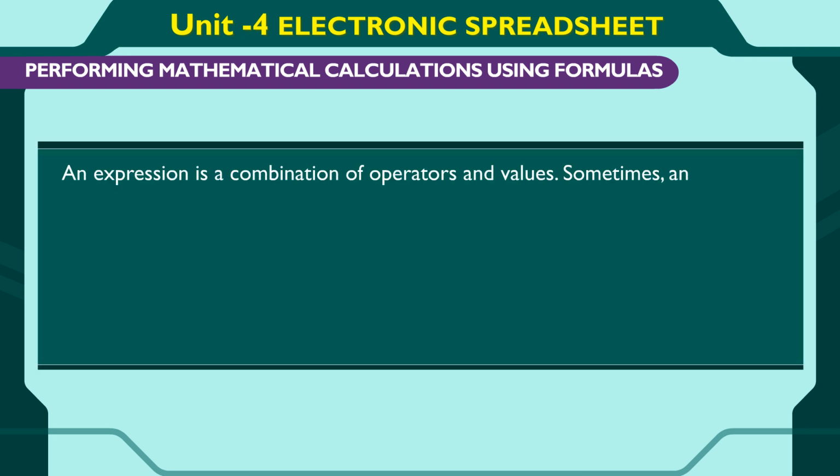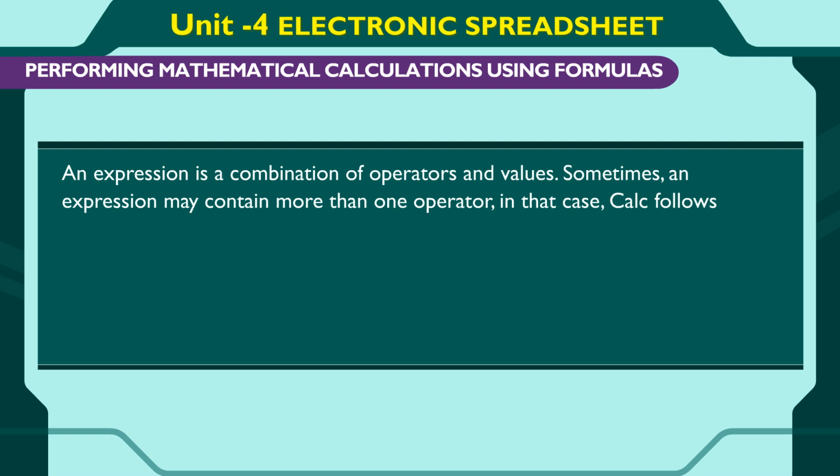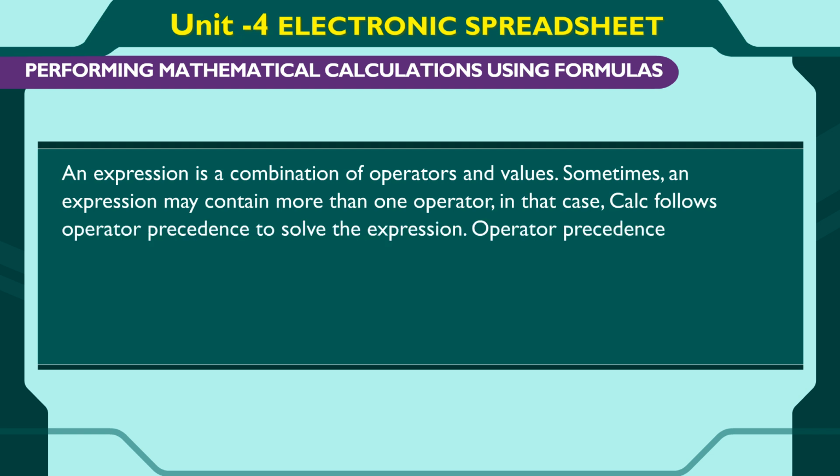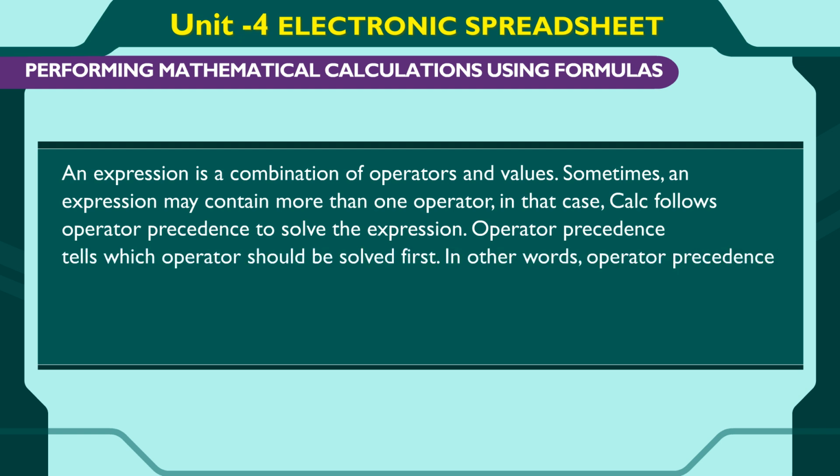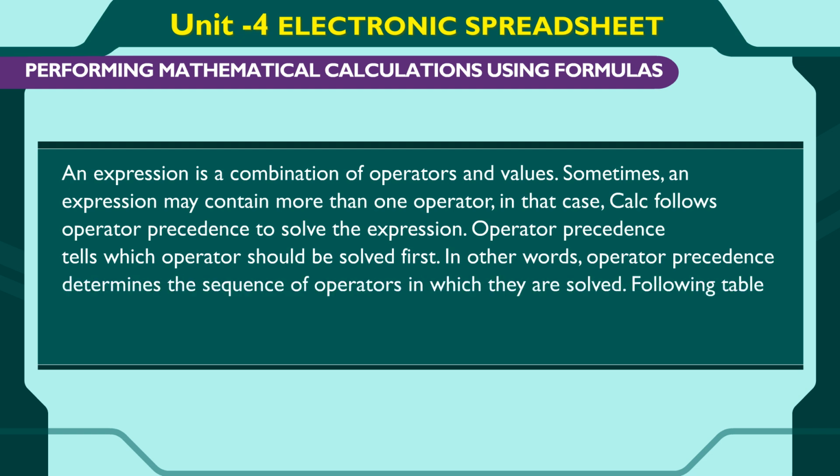An expression is a combination of operators and values. Sometimes an expression may contain more than one operator. In that case, Calc follows operator precedence to solve the expression. Operator precedence tells which operator should be solved first. In other words, operator precedence determines the sequence in which operators are solved.